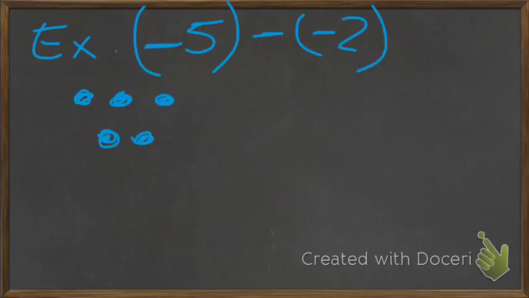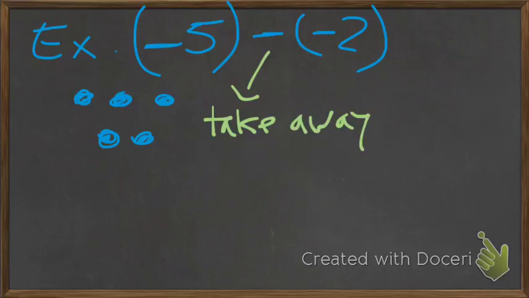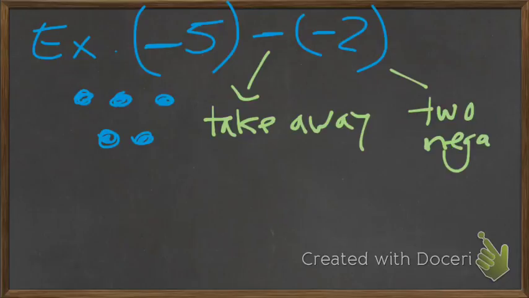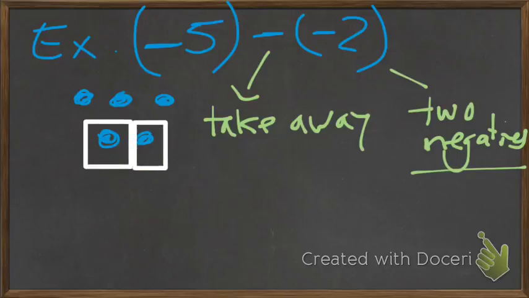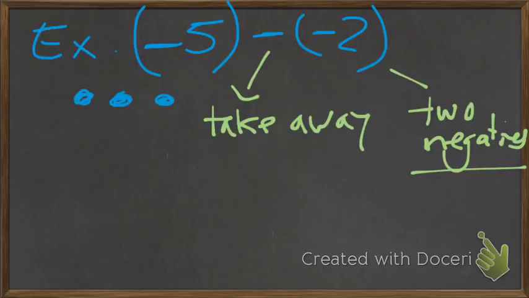And I have to take away, this symbol means take away, 2 negatives. So I'm literally going to take 2 negatives away. Bye-bye. What am I left with? Negative 3.